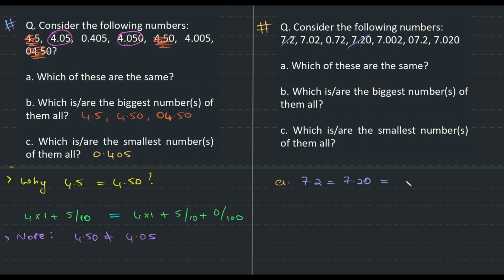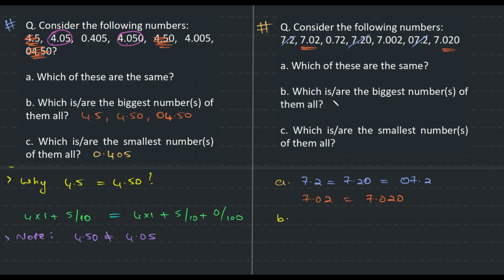And this is the same as 07.2, oh sorry. Reason being, before an integer, if I put a 0, it won't matter. So these three are the same. Then we have 7.02, which is equal to 7.020. Then we have 0.72. It's not the same as this. And those are your two pairs.